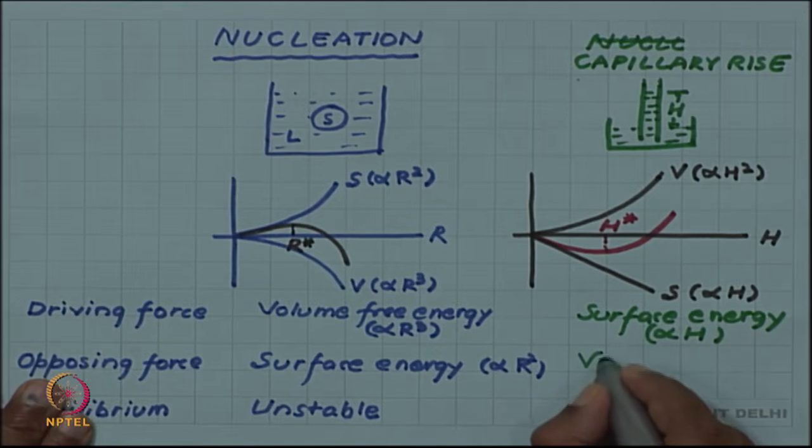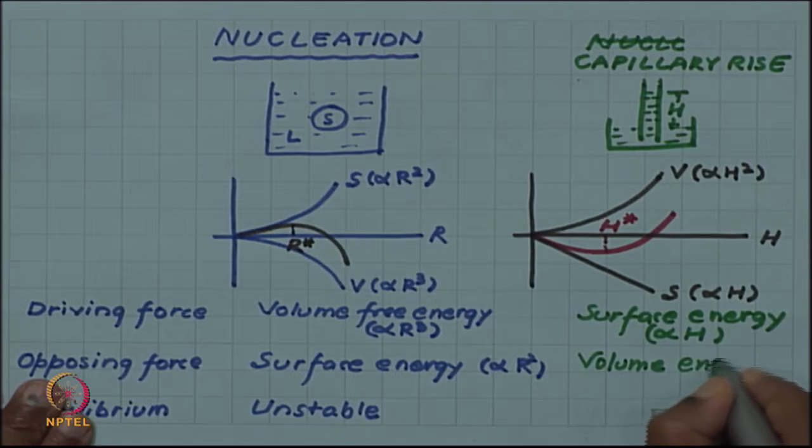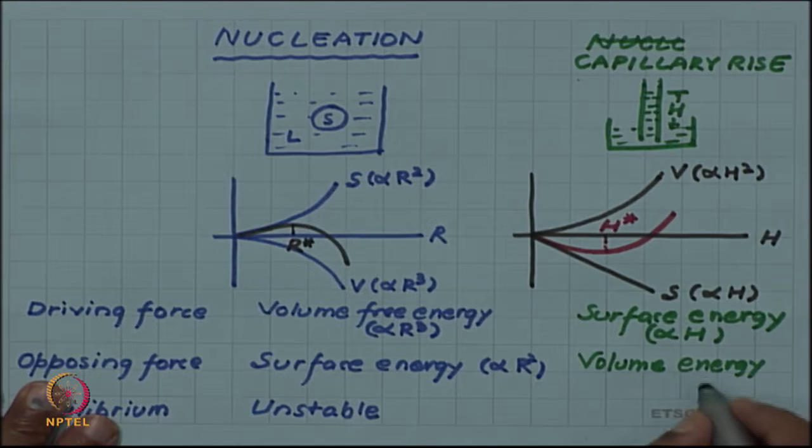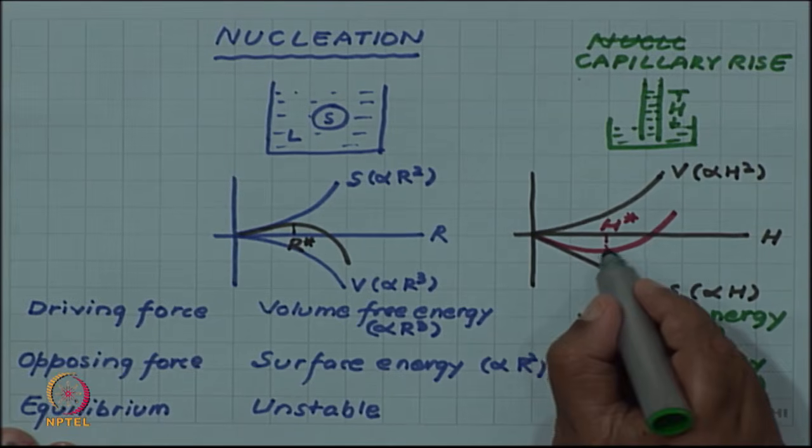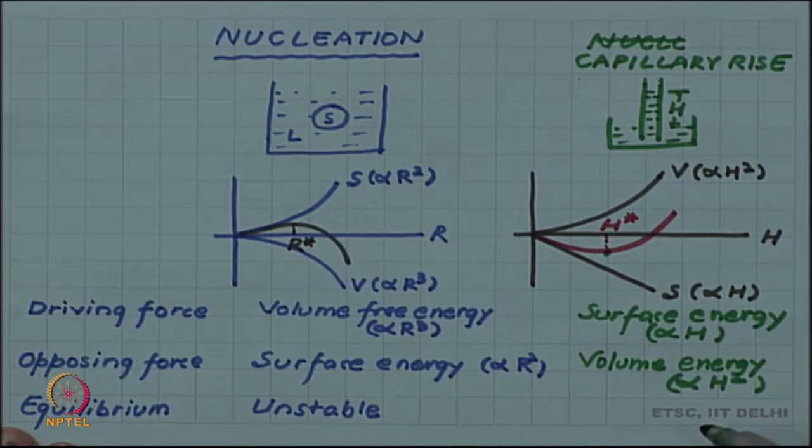Opposing force now is the volume energy, which is the gravitational potential energy of the liquid column, and this is proportional to h square, and you again have equilibrium, but now you have the minimum of energy at the equilibrium. So, this is a stable equilibrium.